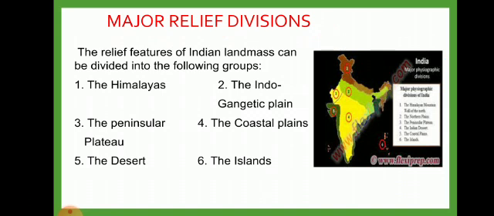And on either side of India, towards the west and towards the east, lie the islands. Therefore, there are 6 relief features, namely the Himalayas, the Indo-Gangetic Plain, the Peninsula Plateau, the coastal plain, the desert, and the islands.